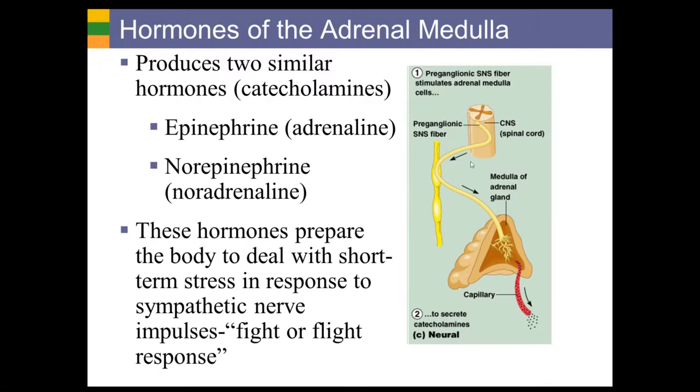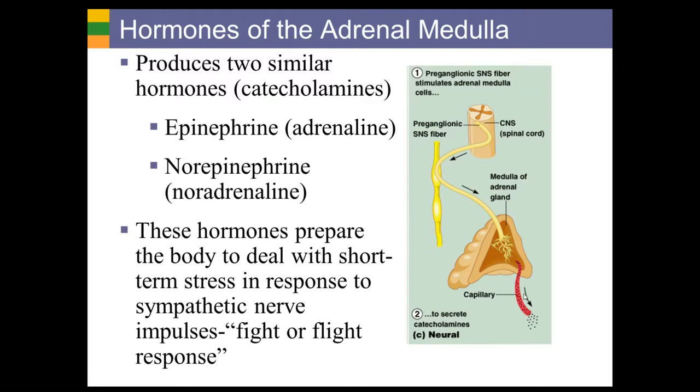The sympathetic nervous system also stimulates the adrenal medulla to release epinephrine and norepinephrine into the blood. And as it circulates through the blood, it has pretty much the same effects that epinephrine as a neurotransmitter has.